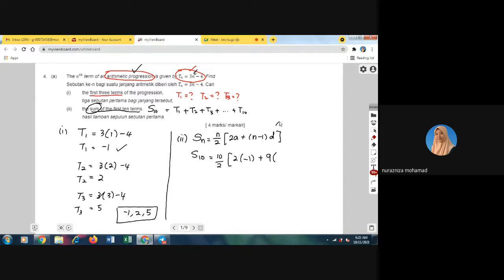D is the common difference. Common difference is equal to T2 minus T1. T2 is 2 minus T1 which is negative 1. 2 minus negative 1 is equal to 3. So you substitute d here. Calculate 10 over 2 times 2 times negative 1 plus 9 times 3.